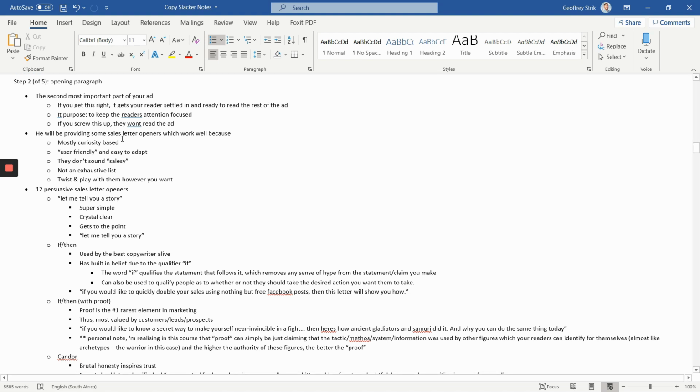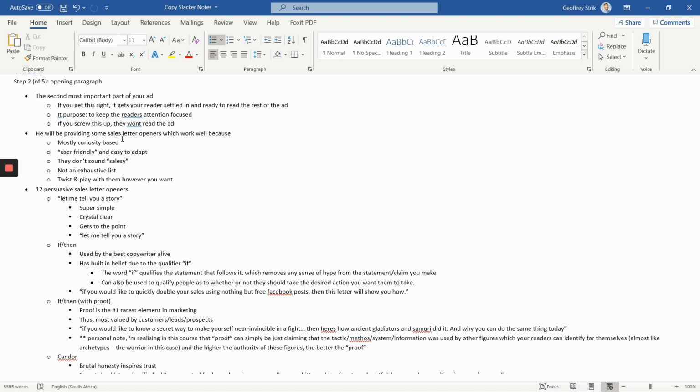We'll be providing some sales letter openers which work well because they're mostly curiosity based, user friendly and easy to adapt. They don't sound salesy. It's not an exhaustive list, but you can put a twist on them and play with them however you want.